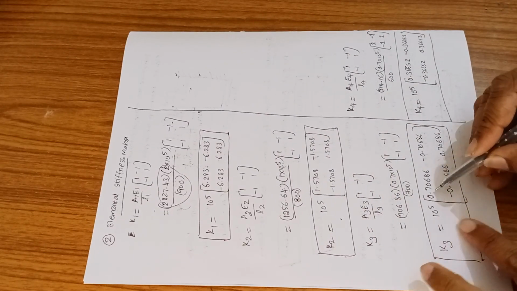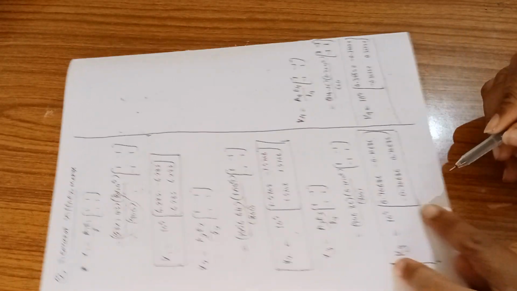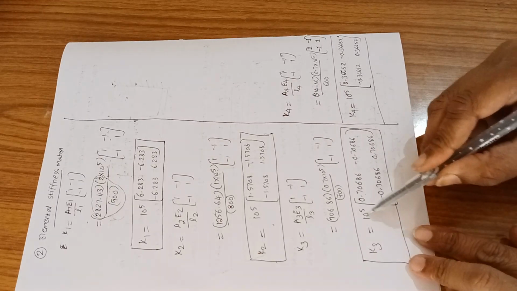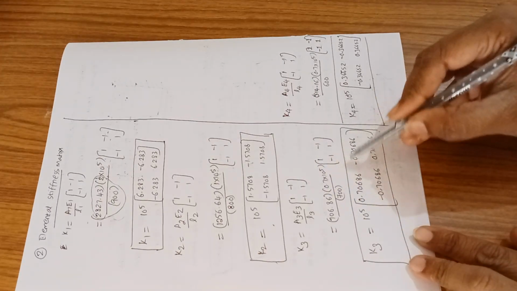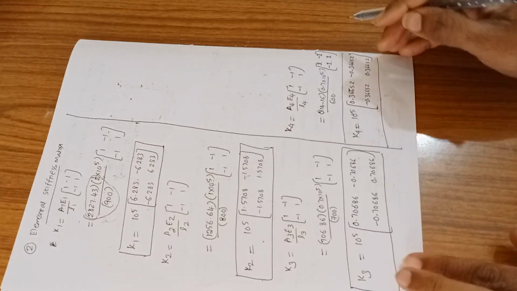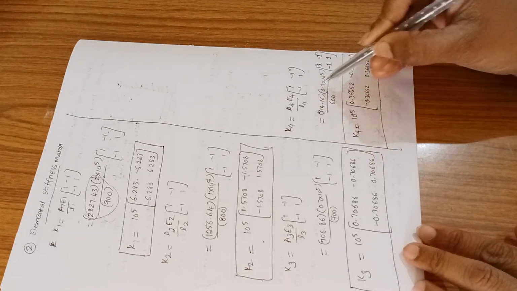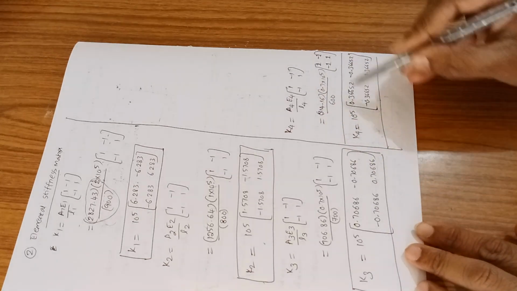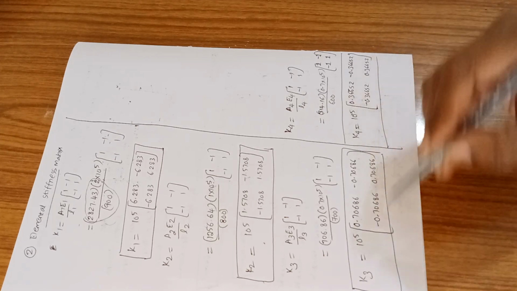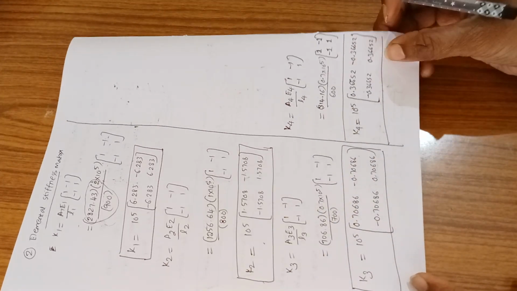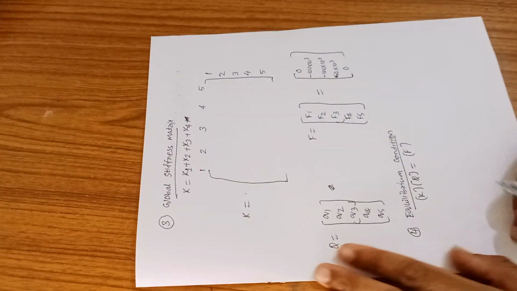Similarly for K3 you get 0.70686, which you multiply inside the matrix 1, minus 1, minus 1, 1. Similarly for K4, you simplify and leave the 10 to the power of 5. If you want a detailed explanation, you can watch my first video. Now the next thing we have to do is the global stiffness matrix.